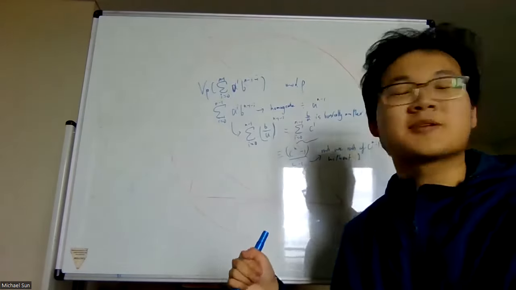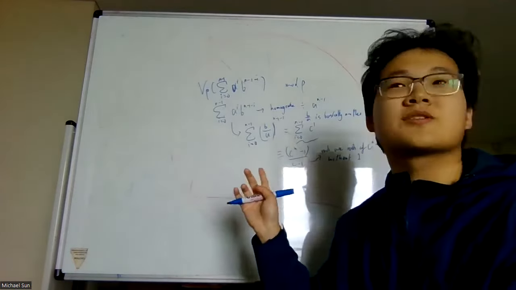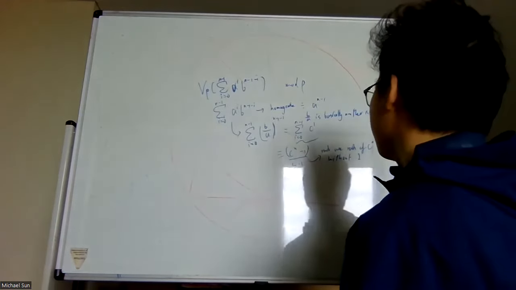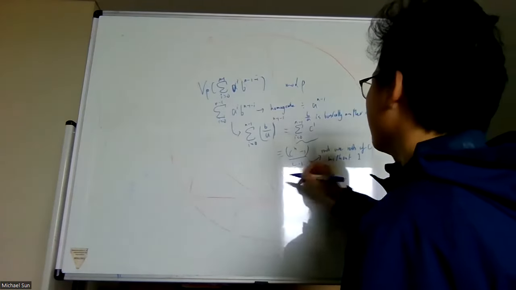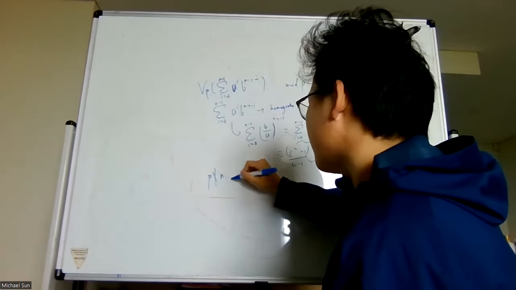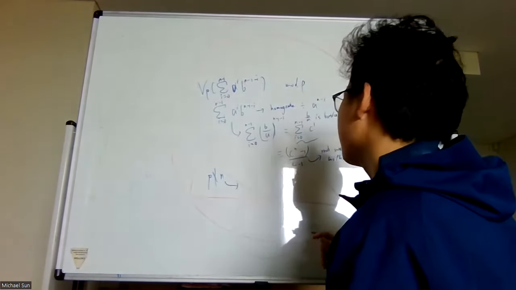Because you're basically taking out C minus 1, so C minus 1 is no longer a root. And now we can finally use the condition P does not divide N.